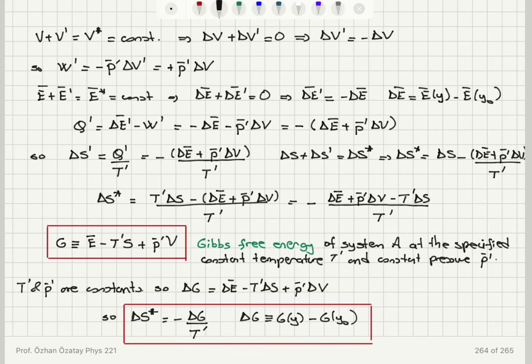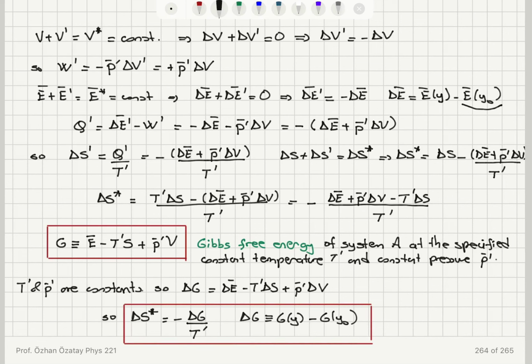So using these two and putting it into the first law of thermodynamics, we see that the heat added to system A prime is minus parentheses the change in the mean energy of system A plus P prime delta V, the change in the volume of system A. And the change in the volume or the change in the energy are for a value of y minus the y0 value. So this is our standard macrostate value here.